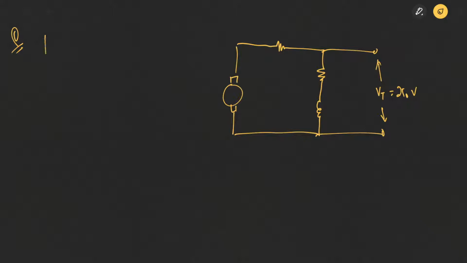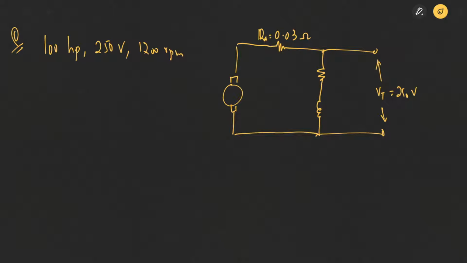So this is a 100 HP, 250 volt, 1200 RPM shunt DC motor. The armature resistance RA is given to us as 0.03 ohms.